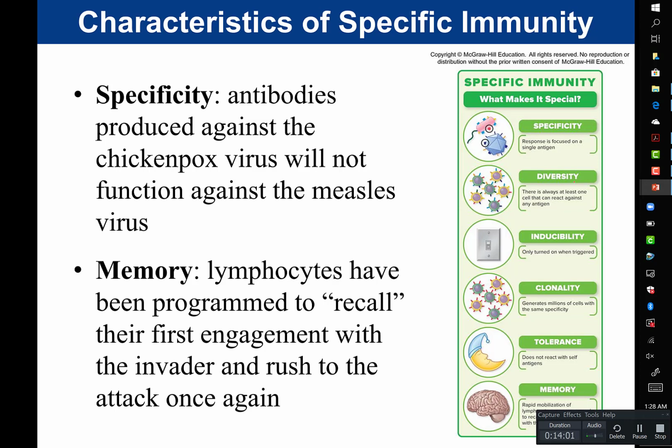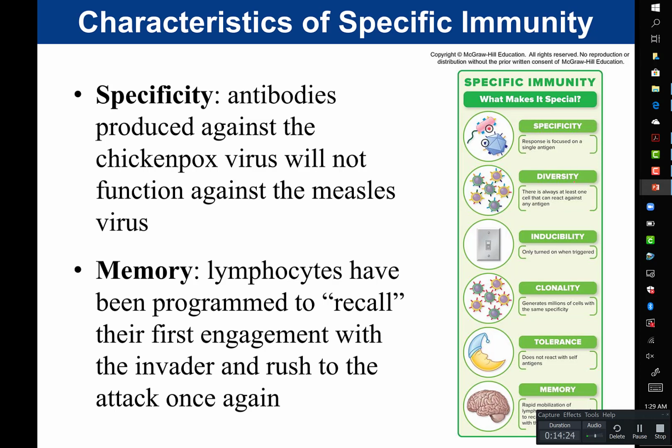It's only turned on when needed. Clonality, so this will generate millions of cells with the same specificity. So once our immune system is initiated, and once we start to recognize a specific pathogen, that particular B cell or that particular T cell is going to undergo what we call clonal expansion.